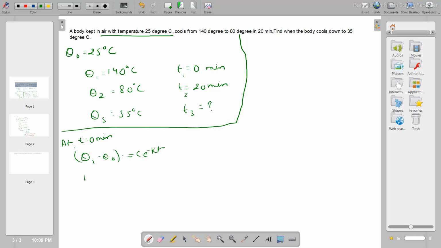Now theta 1 is equal to 140, theta naught is equal to 25 degrees Celsius, c e power minus k, and t is 0 minutes. Now what is the value of 140 minus 25? It's 115, is equal to c into e power 0, which is 1. So we got c is equal to 115.